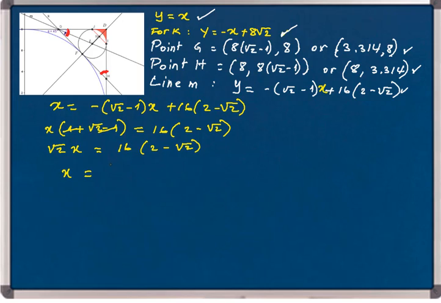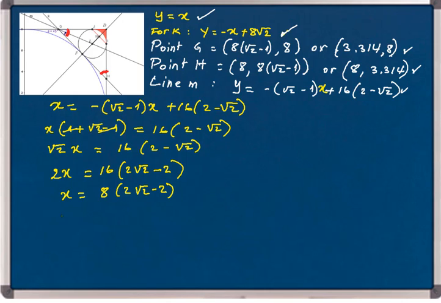Or what we can do also, let's multiply both sides by square root of 2. That means 2x is equal to 16 times 2 square root of 2 minus 2. Okay? And that means x is equal to 8 times 2 square root of 2 minus 2.